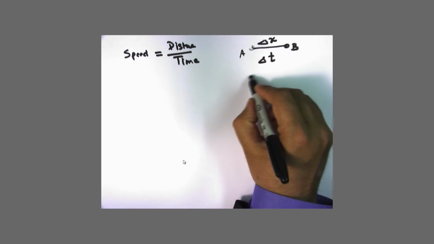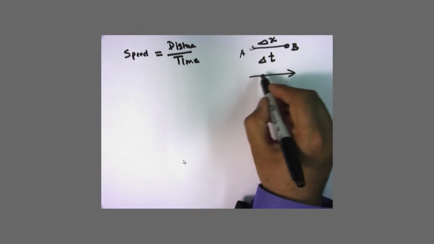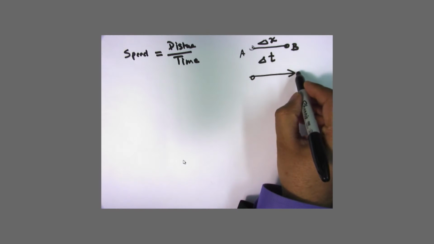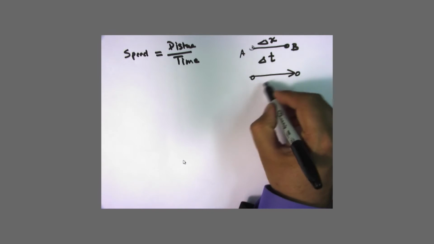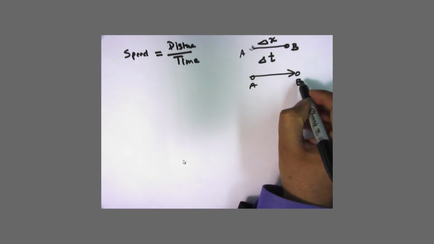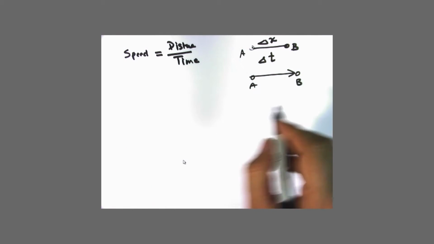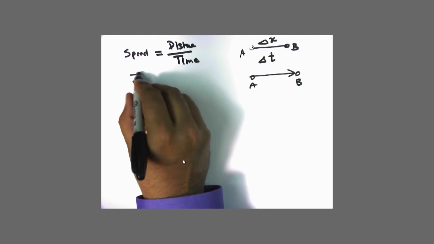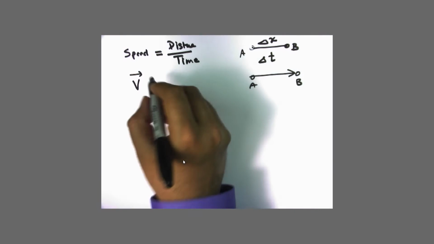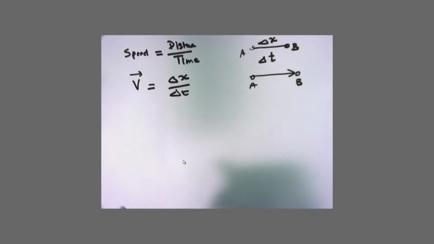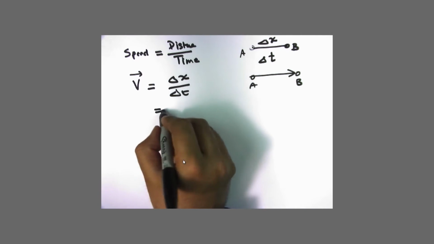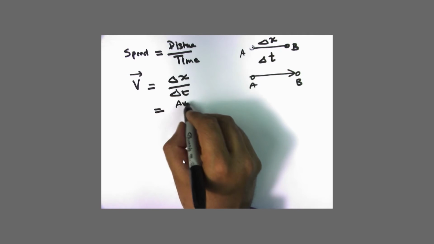But as soon as I put an arrow here that has not only a speed, but also a direction, so there is a motion with direction from A to B, then we call it velocity. And velocity is normally denoted by v with an arrow on top, which says it is a vector quantity with a direction, delta x over delta t. Now, with that understanding, we are looking at the average distance and average velocity.